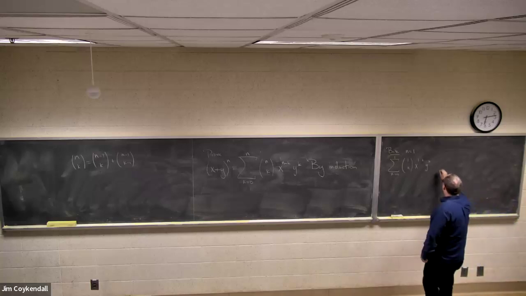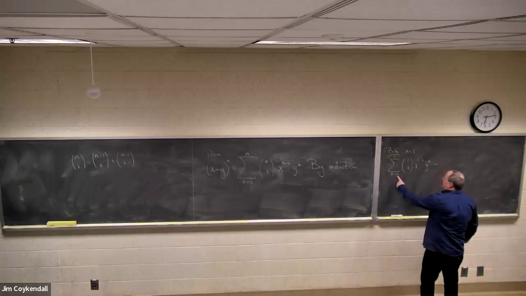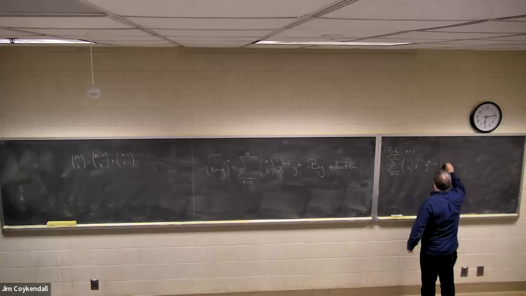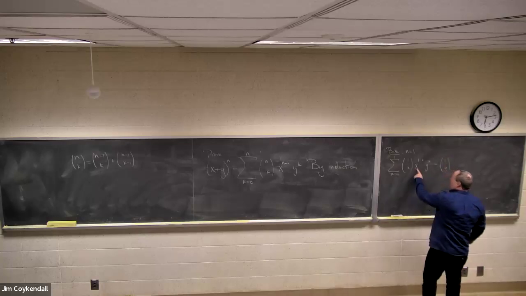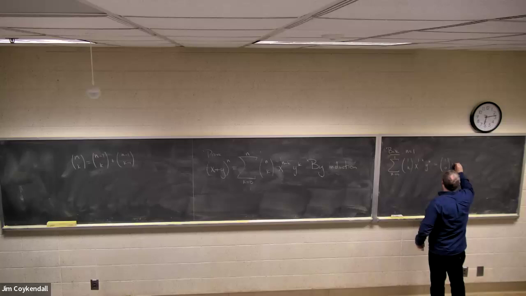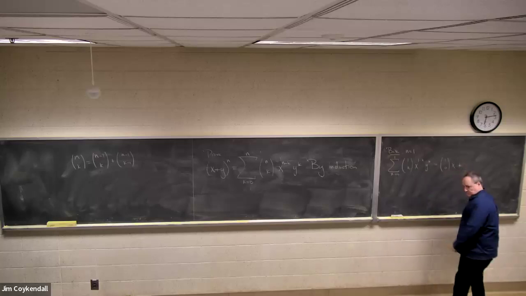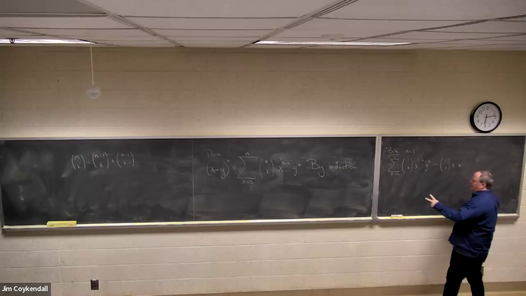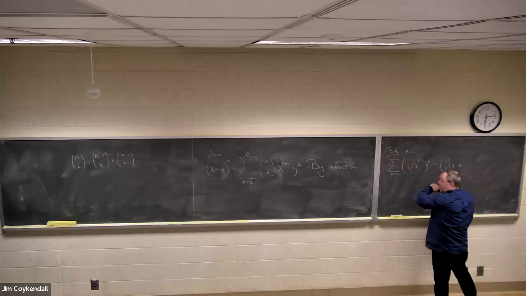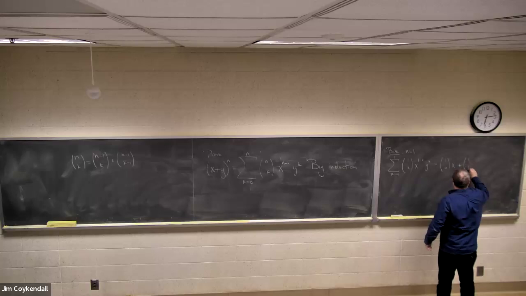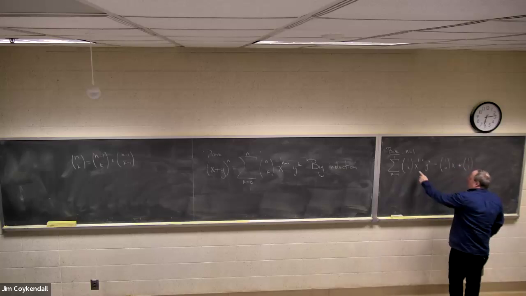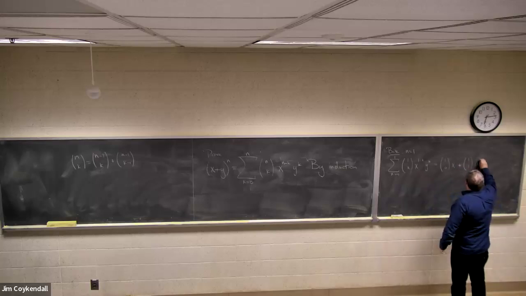Let's see what this is, shall we? First, plug in k equals 0. I get 1 choose 0, x to the 1, y to the 0. Right? Second term, that is when k is 1: 1 choose 1, x to the 0, y to the 1.